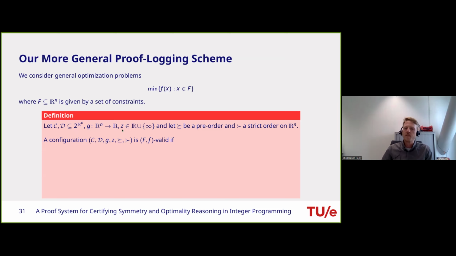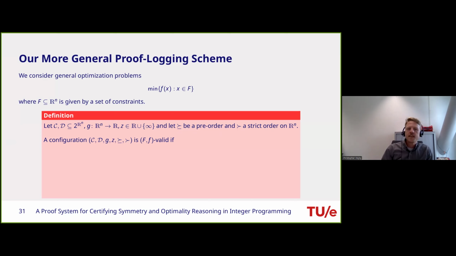And we also have a placeholder value z for an upper bound on the optimal objective value. And we are dealing with a pair of orders, a pre-order and a strict order on R^n. And I want to stress that this strict order is not necessarily the strict order that is induced by the pre-order. It can be some other order. So that is not relevant for us. They can, in principle, be completely different as long as they satisfy some technical assumptions.